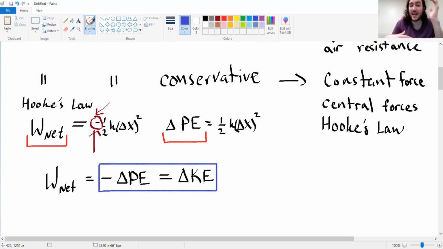It's that potential and kinetic energy can be converted between one another. So if we wanted a formula that tells us we can convert between these two energies, this would be that formula. So we can convert between potential energy and kinetic energy.